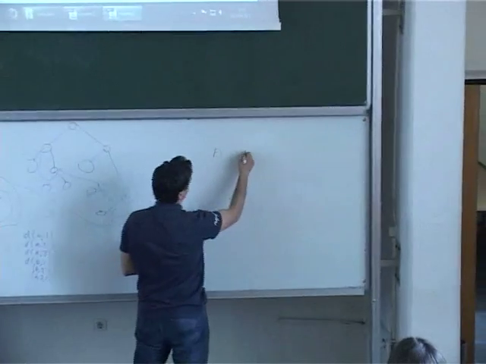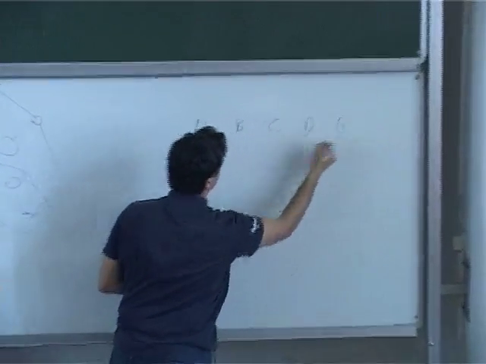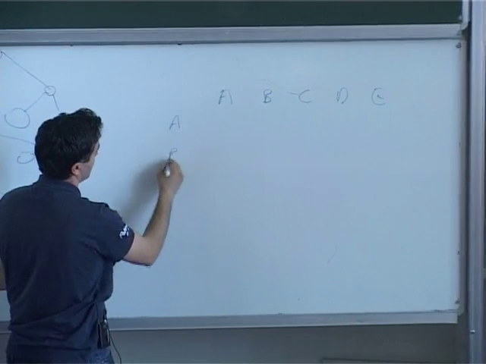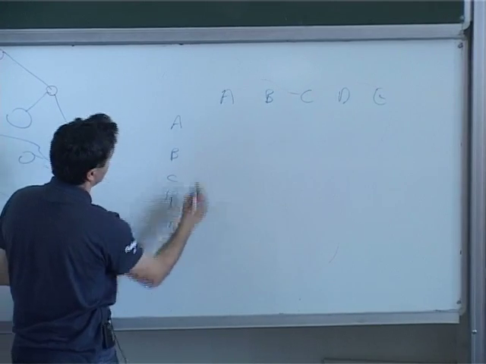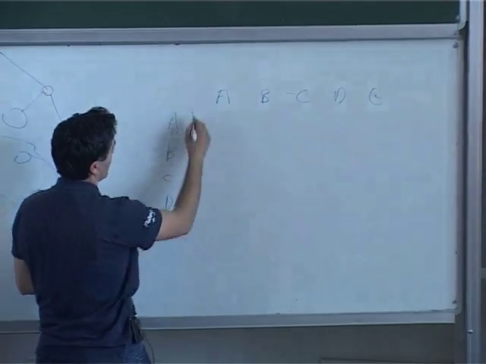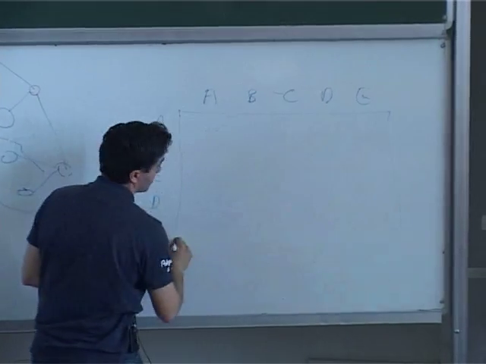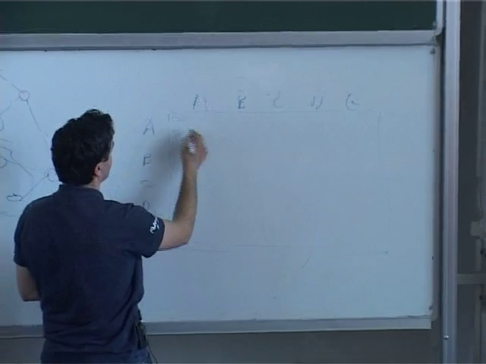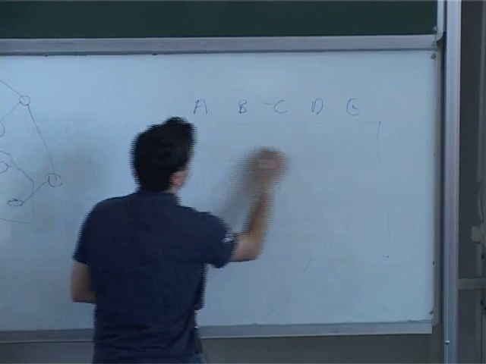So A, B, C, D, E, A, B, C, D, E. This is going to be symmetric, so I'm just going to fill in the upper triangle. And okay, let's do it.